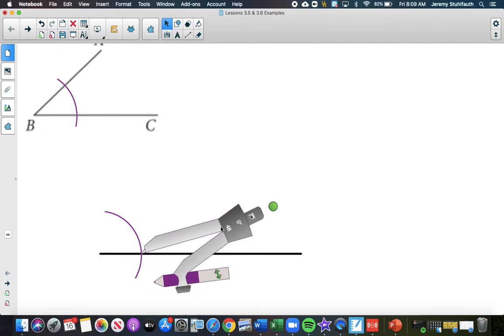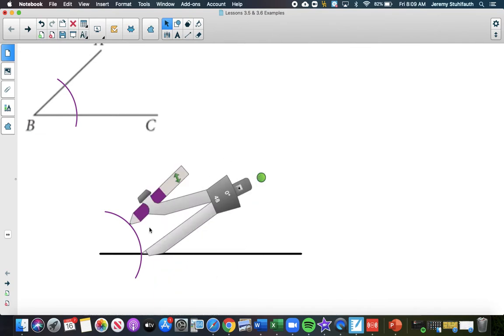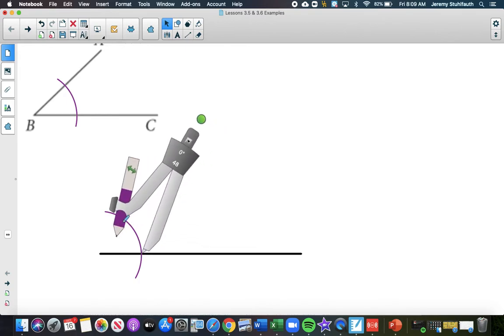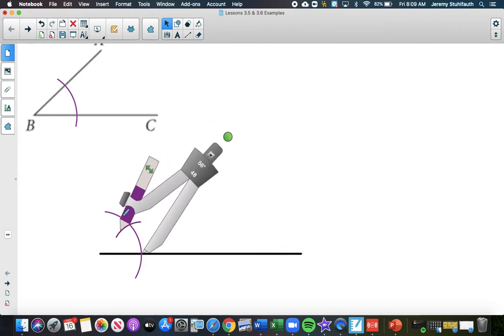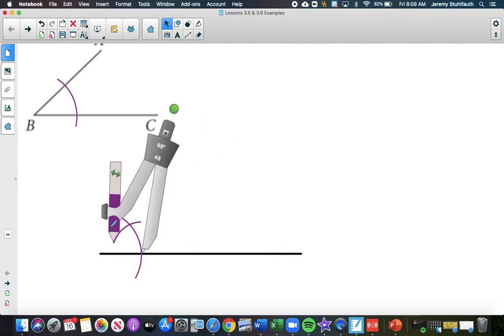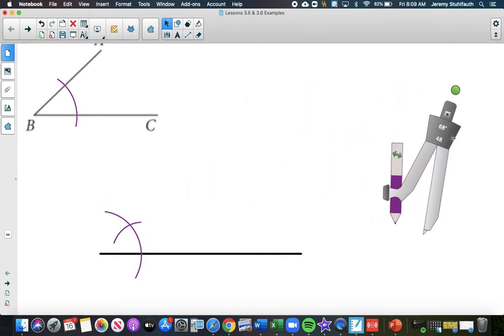We put the pointy end on the point of intersection of the arc and the ray that we drew, and draw in another arc where those two arcs intersect. At that point, we have recreated the angle. Then we take our straight edge and draw another ray from this endpoint through that point of intersection.